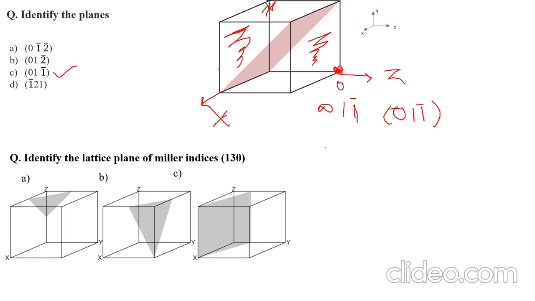So we have the next question that says identify the lattice plane of Miller indices 130. You're given the Miller indices 130 and you have to identify which among the three planes it corresponds to. Once the Miller indices are given, we have to convert them to their reciprocals to find the intercepts.